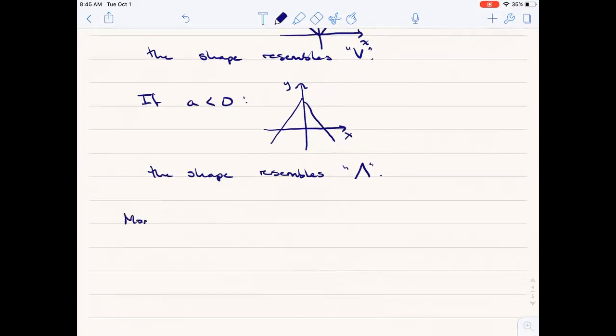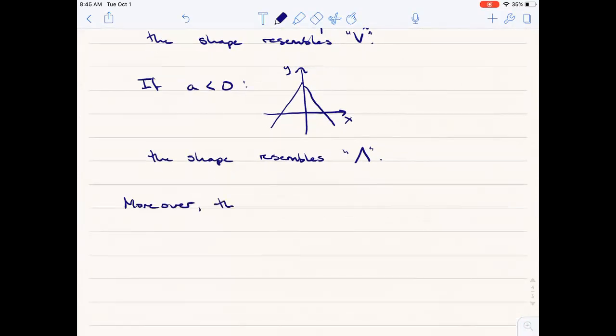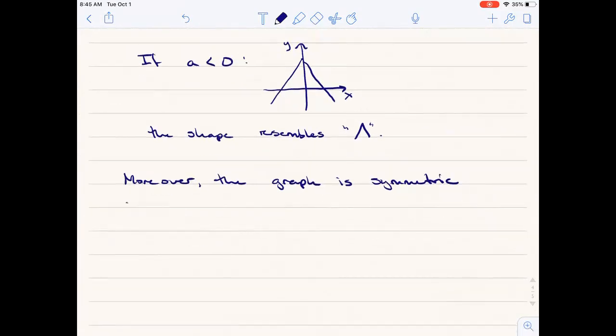Moreover, the graph is symmetric about the line x equals h.